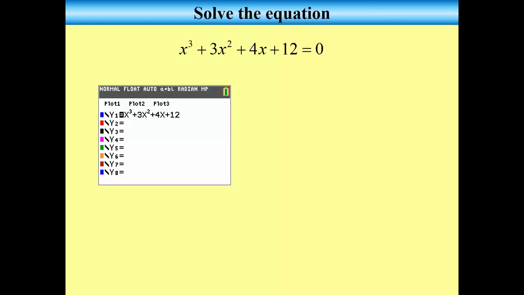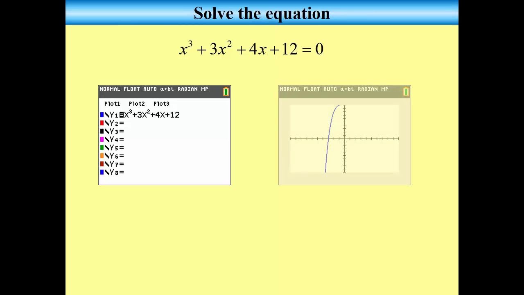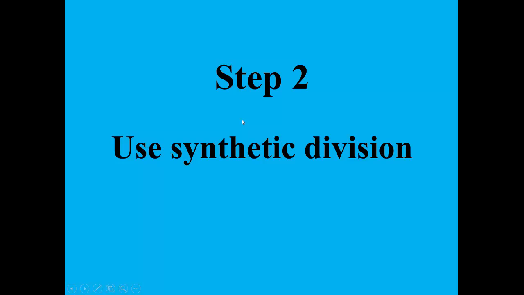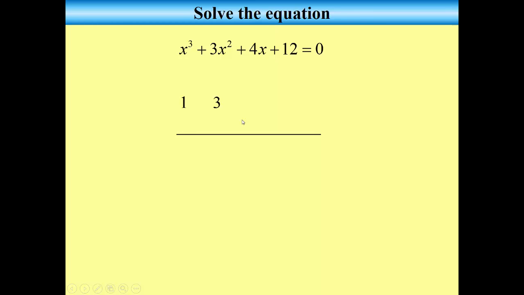And so here's my calculator. Here's the graph. It looks an awful lot like it crosses the x-axis at -3. So we'll use synthetic division with -3.